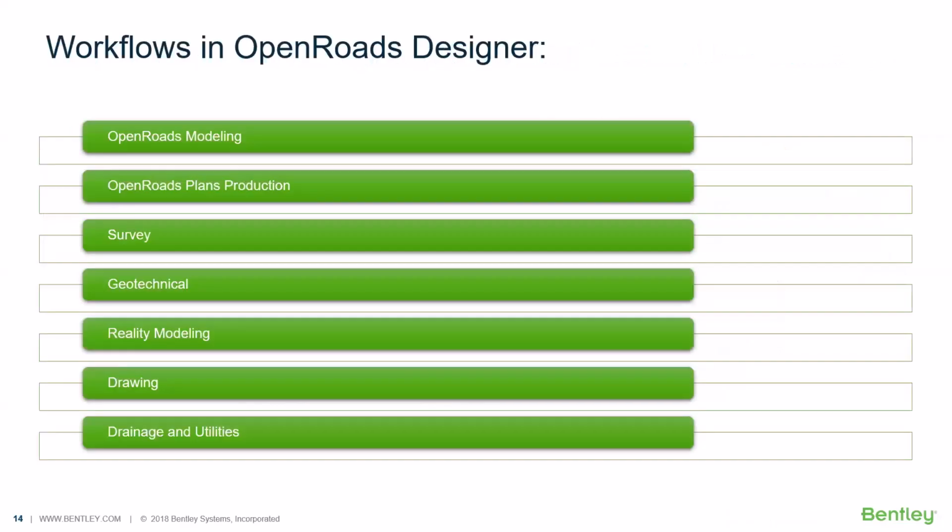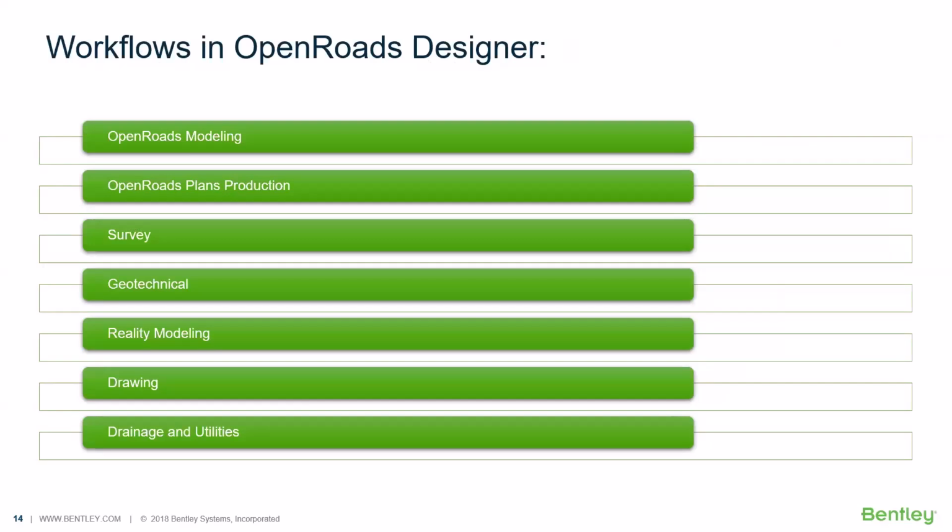All right, then. Next, what we have is workflows in OpenRoads Designer. We have a variety of workflows, and these workflows actually control what we are looking at in terms of the interface, right? So if I'm presently in OpenRoads modeling, I get to see tools which are more focused on and can help me in terms of modeling.